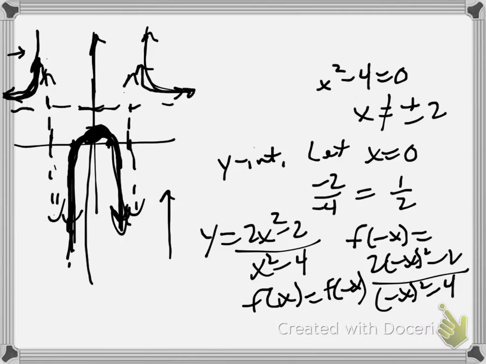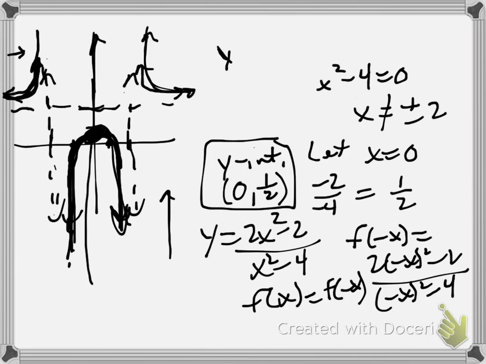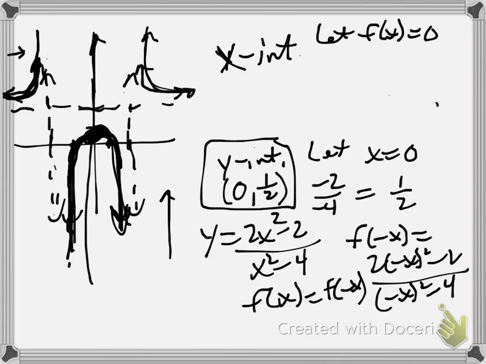Now, I believe it said find the intercepts. We found the y-intercept. The y-intercept was (0, 1/2). For the x-intercept, we want to let y equal 0, or let f of x equal 0. Same thing. So what happens? We set the numerator equal to 0.